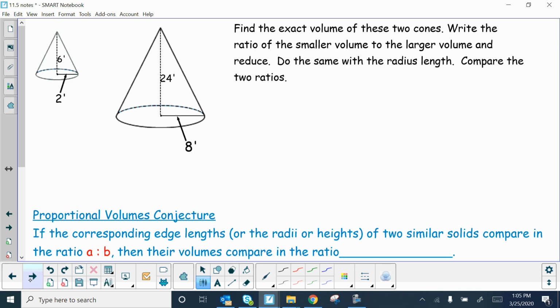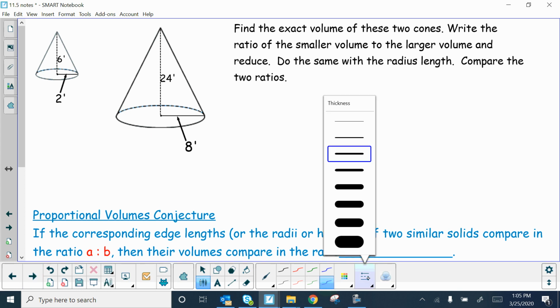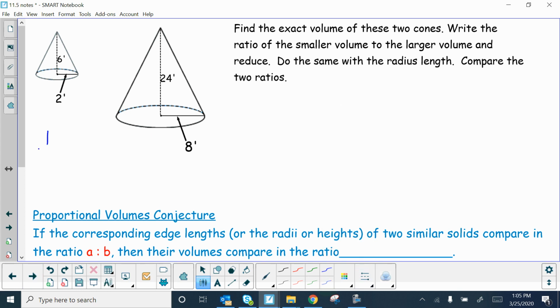Okay, let's try it one more time. So we have these 2 similar cones and it says find the exact volume of each cone. So if you don't remember the volume formula for a cone, it's 1/3 capital B times H. And then capital B is pi r squared because the base of this is a circle. So the small one is going to be 1/3 pi 2 squared times the height.